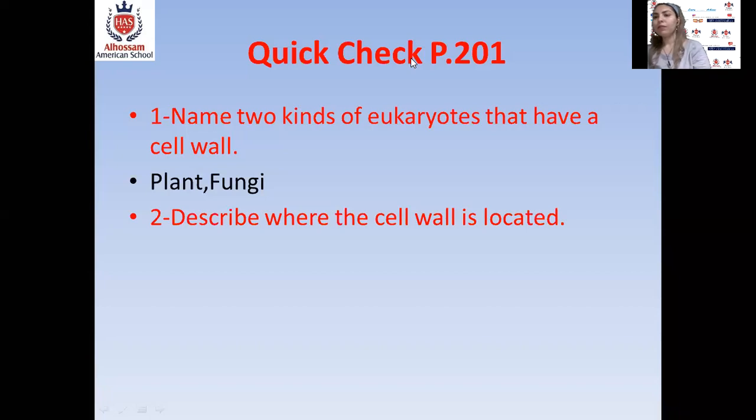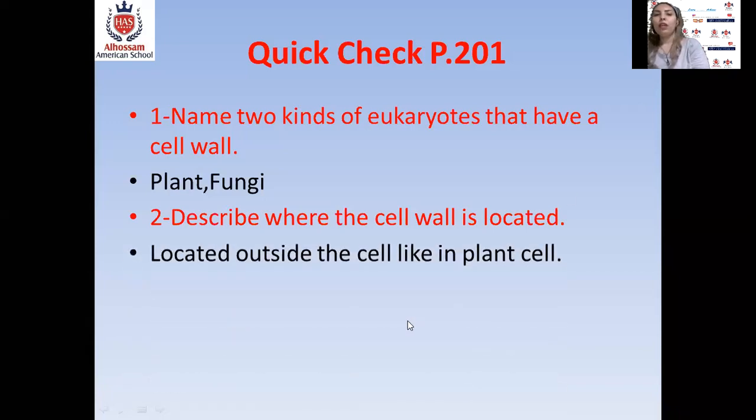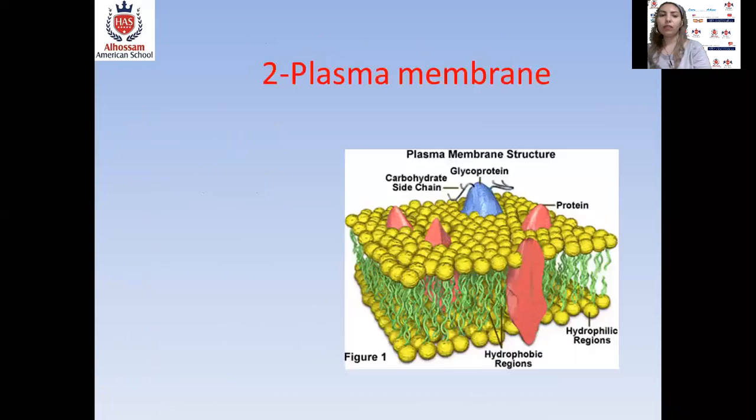The cell wall is found on the edge of the cell after the cell membrane. After the cell membrane, from outside. Yes, thank you so much, Ziad. So it's located outside the cell like in plant cells and other cells which contain a cell wall.